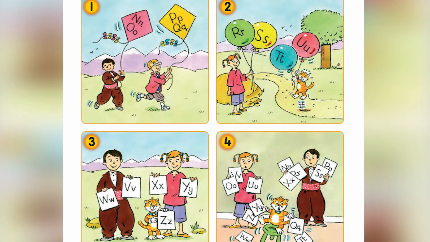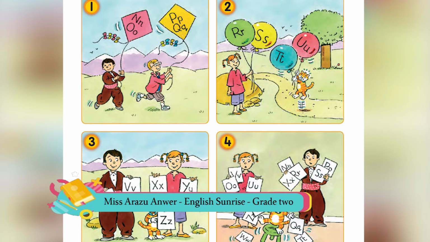W is for window and V is for vase. X, X, X, box. Y is for yo-yo. Z is for zebra. N O P Q R S T U V W X Y and Z. The alphabet names. Oh no! I'm falling!